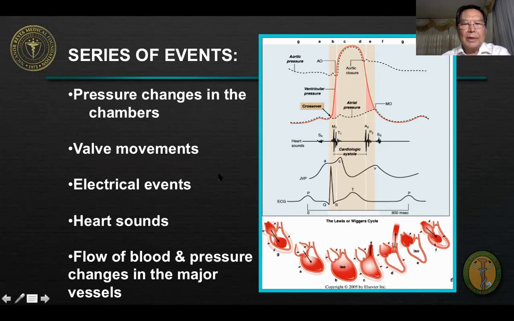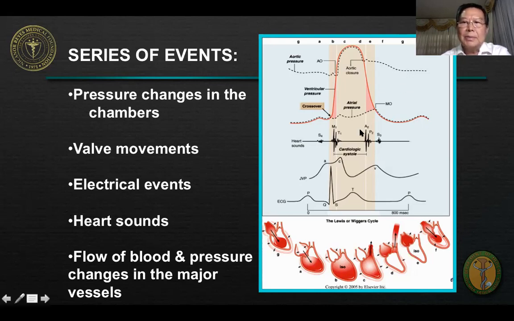The electrical events, which would be seen on the surface electrocardiogram. The heart sounds, which are usually demonstrated by your phonocardiogram, as well as the flow of blood and pressure changes in the various chambers and vessels.